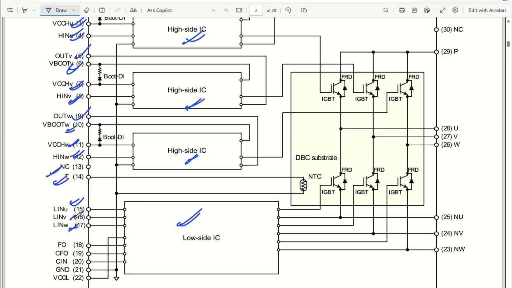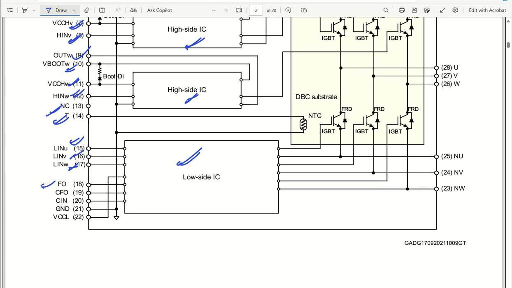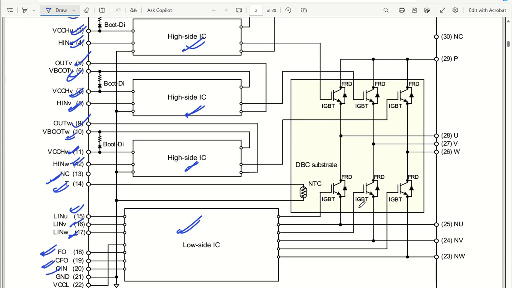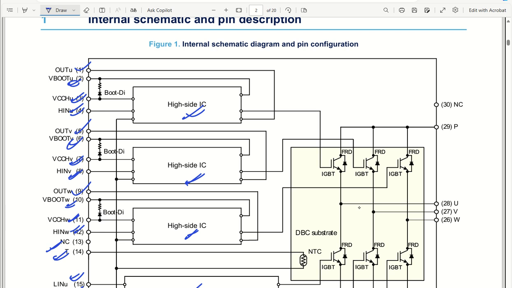Then, coming back to the fault output, we have CFO sense, which we will talk about, and what these pins are. We have VCC low. VCC high was there, and the VCC low logic supply is also there with this particular pin. Coming back to the other sections, we have inbuilt 3-phase IGBTs. The upper ones are high side and the lower ones are low side drivers.